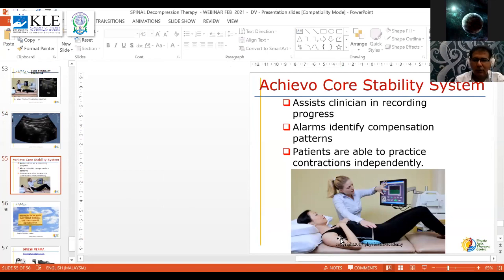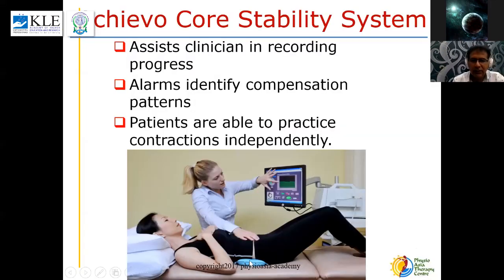And we use a pressure biofeedback to monitor the stability of the spine. We have created a complete software that integrates both of them together. And if this kind of technology is not available, then a small little handheld device like this will also be helpful to just have some monitoring of lumbar stability.